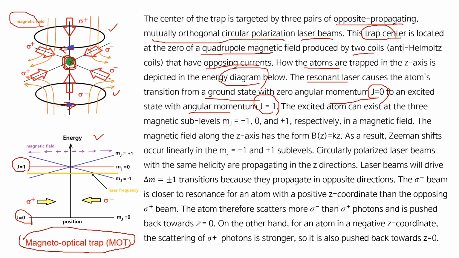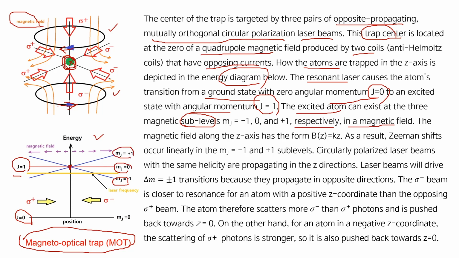The excited atom can exist in three magnetic sublevels, mJ equals -1, 0, +1 respectively, in a magnetic field. Also in a magnetic field, the energy levels are split, Zeeman splitting. We have three sublevels for J equals 1: mJ equals 0, mJ equals +1, mJ equals -1.